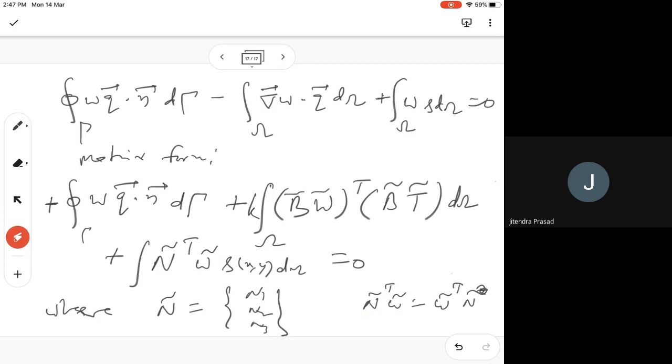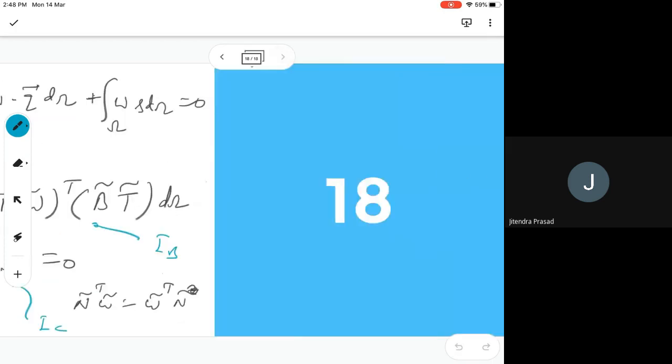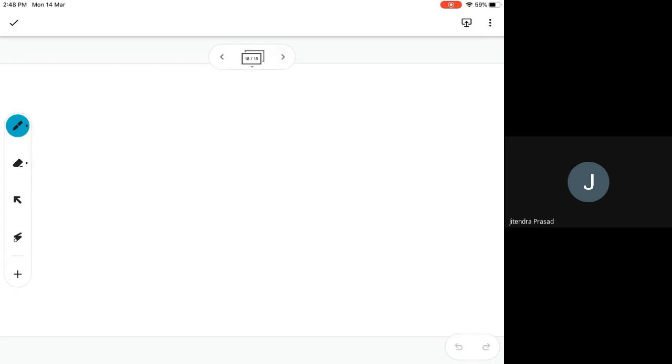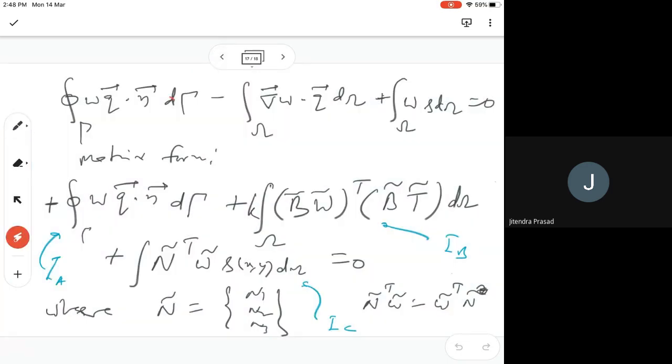So if you see the second term, let's call these terms number 1, 2, 3. All three have significance. Let's call them integral A, integral B, and integral C. Integral 1 will be from the boundary condition, whatever the boundary condition is there.